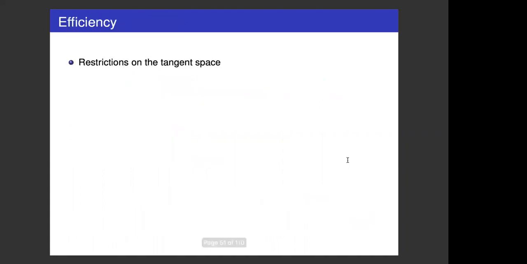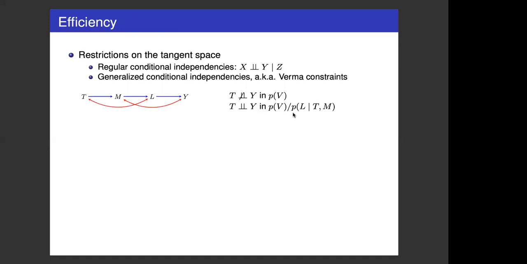So let's talk about efficiency. To deal with efficiency, we need to understand the restrictions on the tangent space. In ADMGs, there are two kinds of restrictions. One is regular conditional independencies, of just X is independent of Y given Z. The other one is called generalized conditional independencies, also known as Verma constraints. Let me explain this via an example.